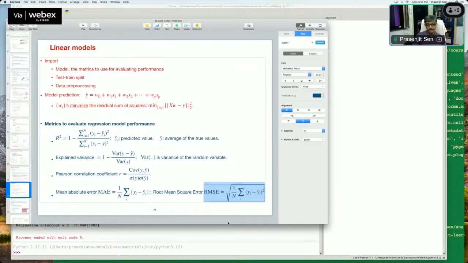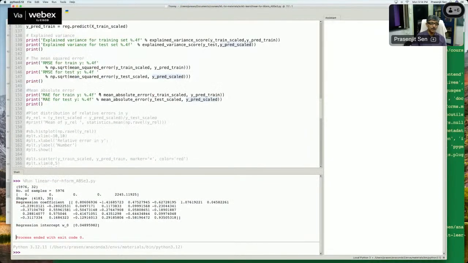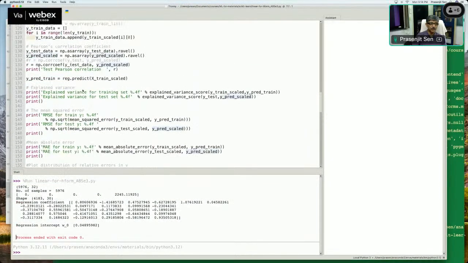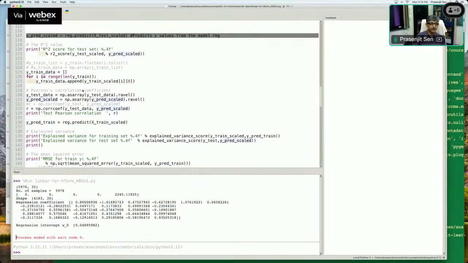In principle, you can calculate all of these quantities and see how your model works. You want mean absolute error or root mean squared error to be as small as possible, close to 0, whereas R2 score, explained variance, or Pearson correlation coefficient should be close to 1.